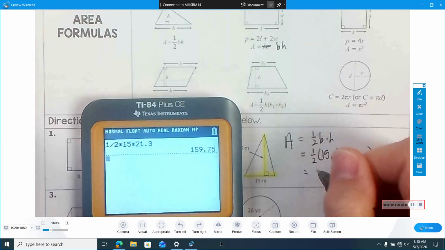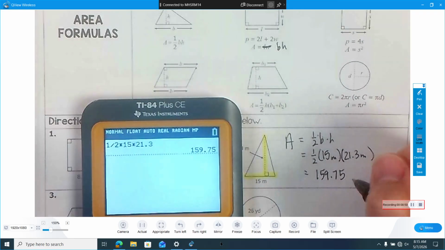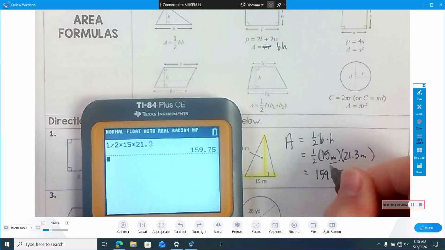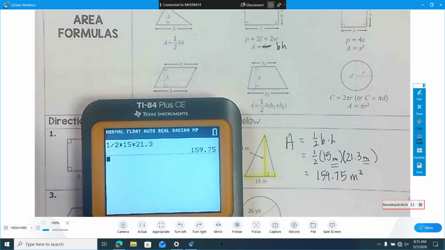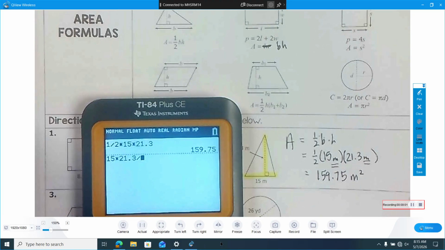So we get 159.75. What are the units? Meters squared. Again, meters times meters is meters squared. You could also do 15 times 21.3 and divide it by 2, and you get the same answer. So lots of ways to do that.